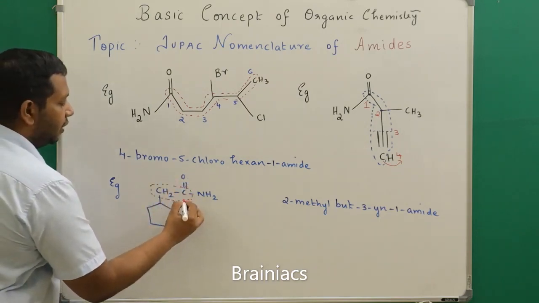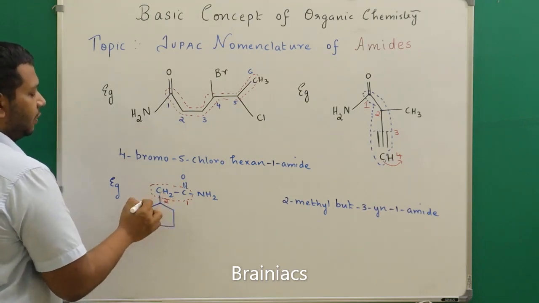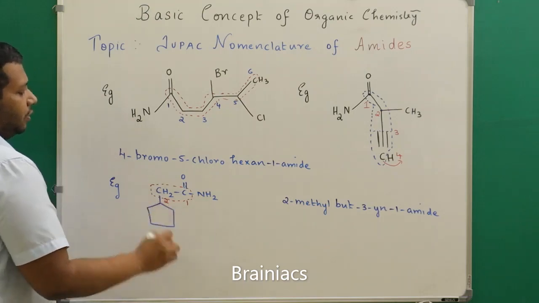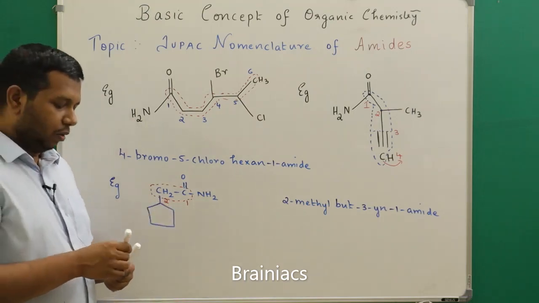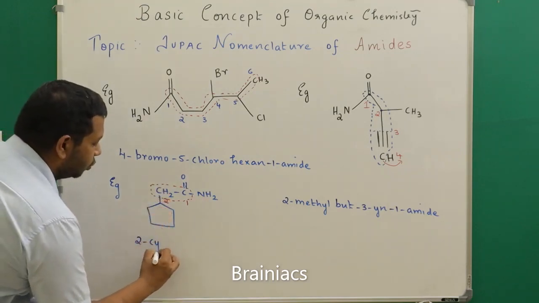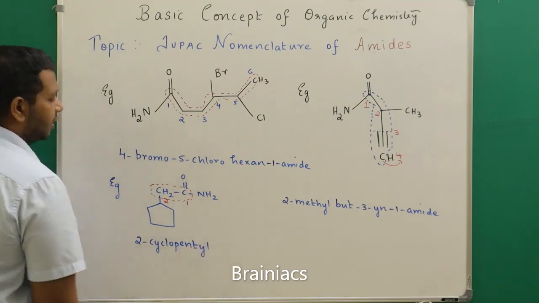So the numbering will be 1 here and 2 here. At the second position there is a substituent. This will behave like a substituent, that is a 5 carbon atom ring: 1, 2, 3, 4, 5. So it's a cyclopentyl. So how can I say it? First the secondary prefix will come, at the second position: 2-cyclopentyl. Correct?